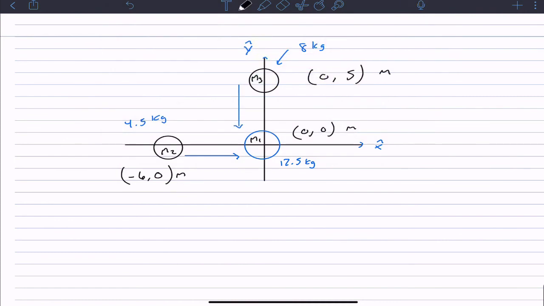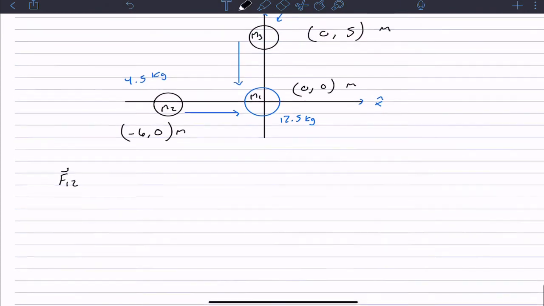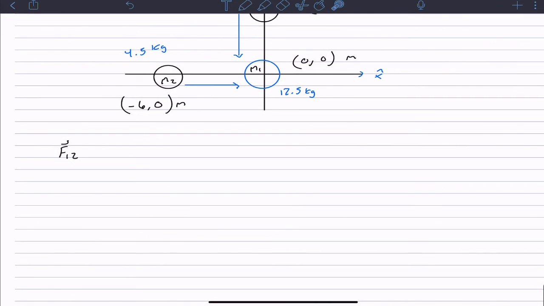All right, so let's start calculating some things. We'll call this force F12, going from here to here. This equals G from our universal law times M1 times M2 over the distance between them, R12, which in this case is just 6.